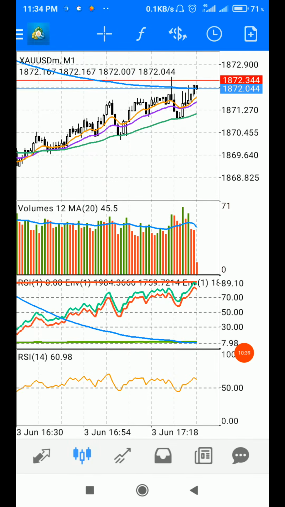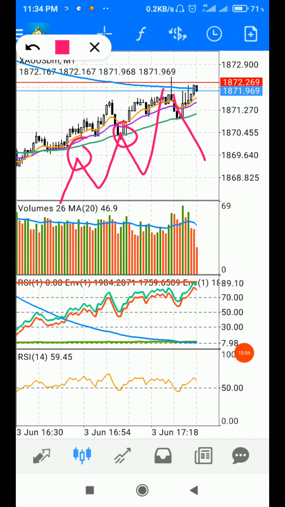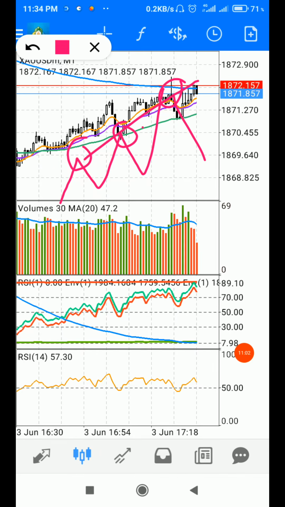Whenever you see divergence, if I draw here, if you see price is going like this, so if we connect this point, this is a higher high, then a higher high. If we connect this higher high, the slope looks like this.